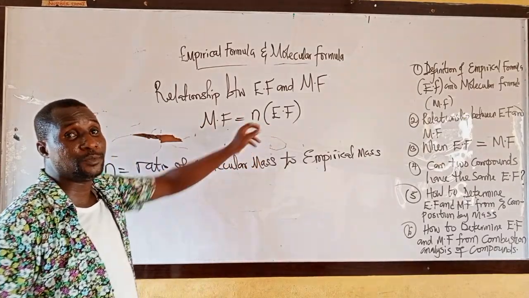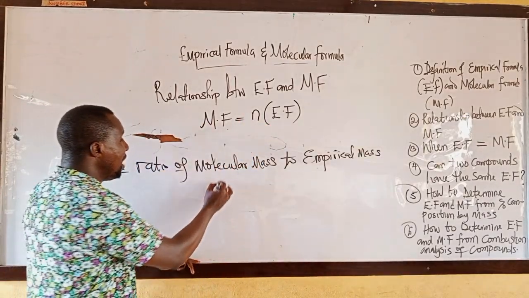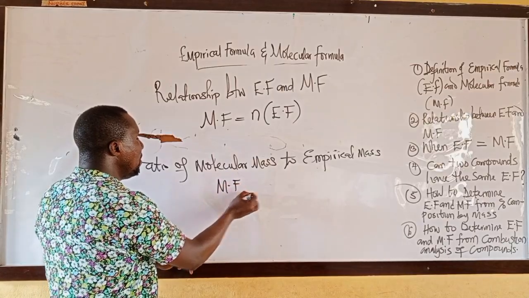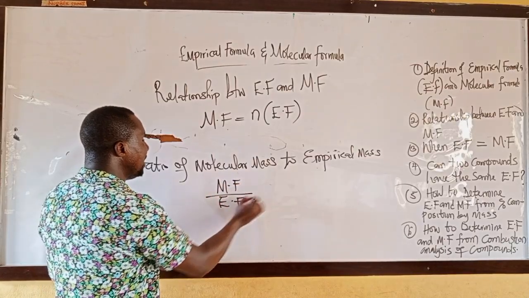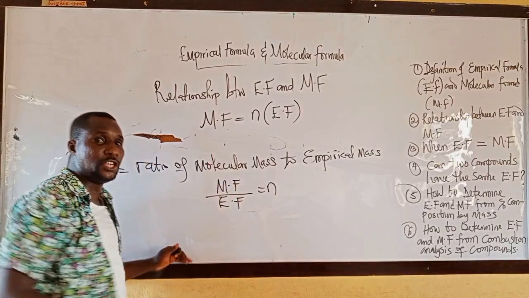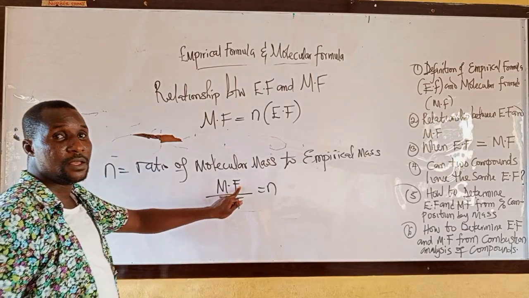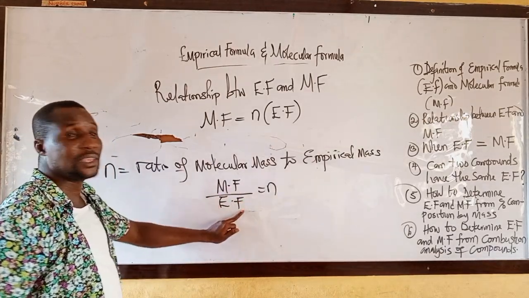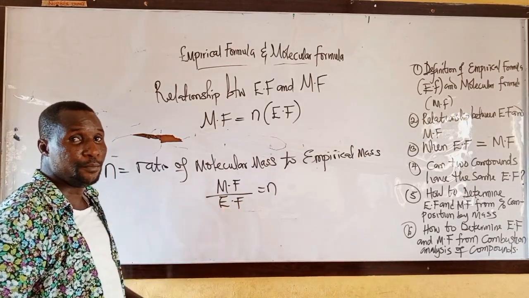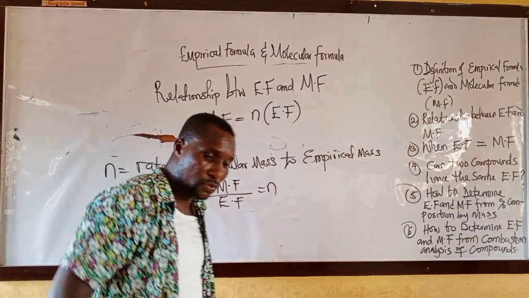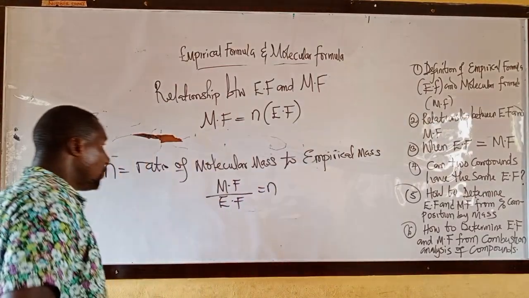If you make N the subject of the formula, we have molecular formula over empirical formula equal to N. It is the ratio of molecular formula or molecular mass to empirical formula or empirical mass. Take note of that.